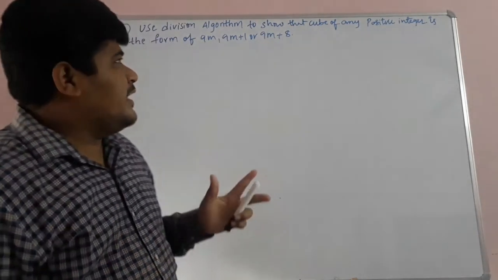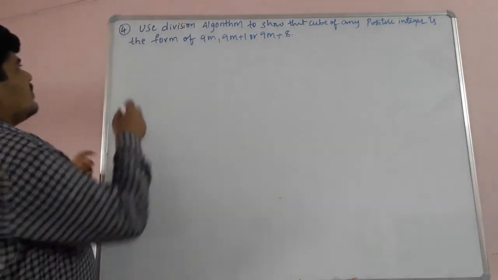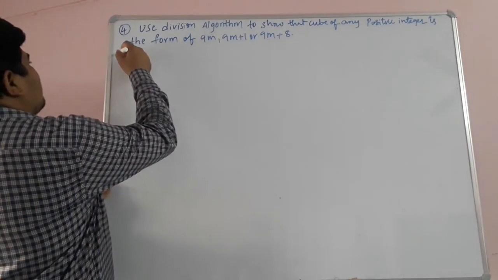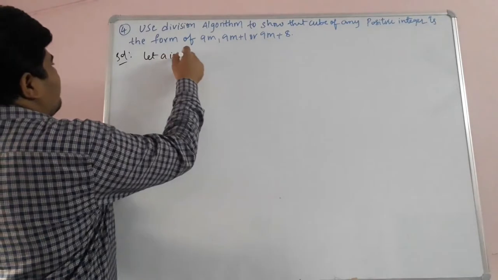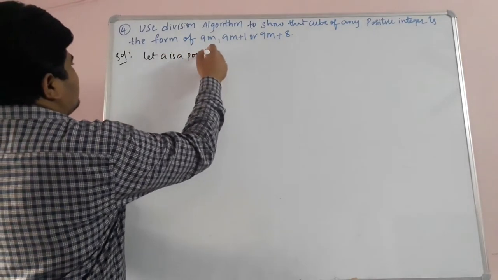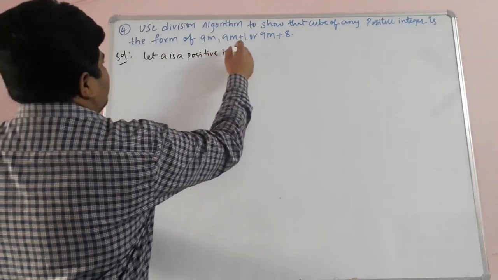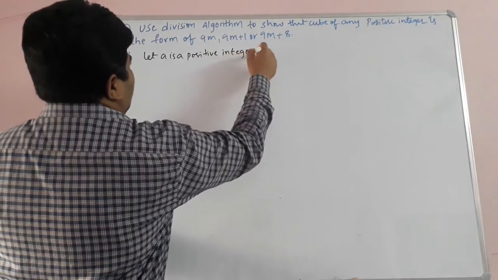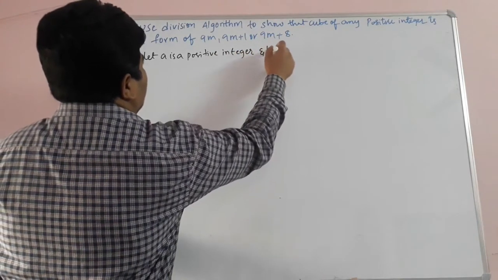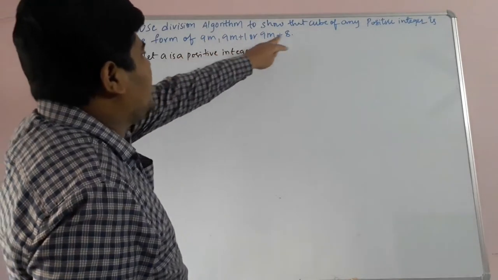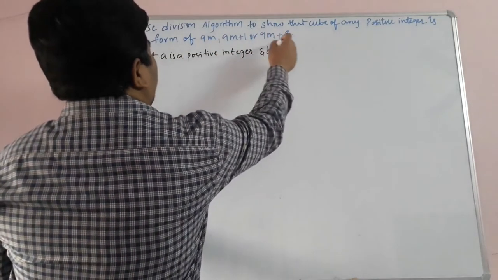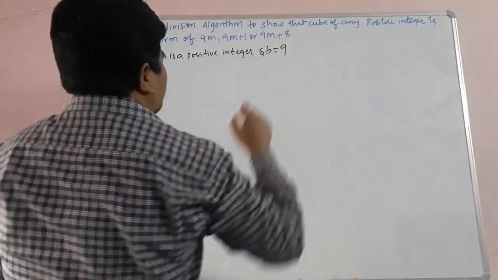They may also ask the question like, use Euclid's lemma to show that the cube of any positive integer is of the form 9m, 9m plus 1 or 9m plus 8. So like previous problems, let a be a positive integer and b be equal to, what is the multiple of m, children? 9, 9m plus 1, 9m plus 8.